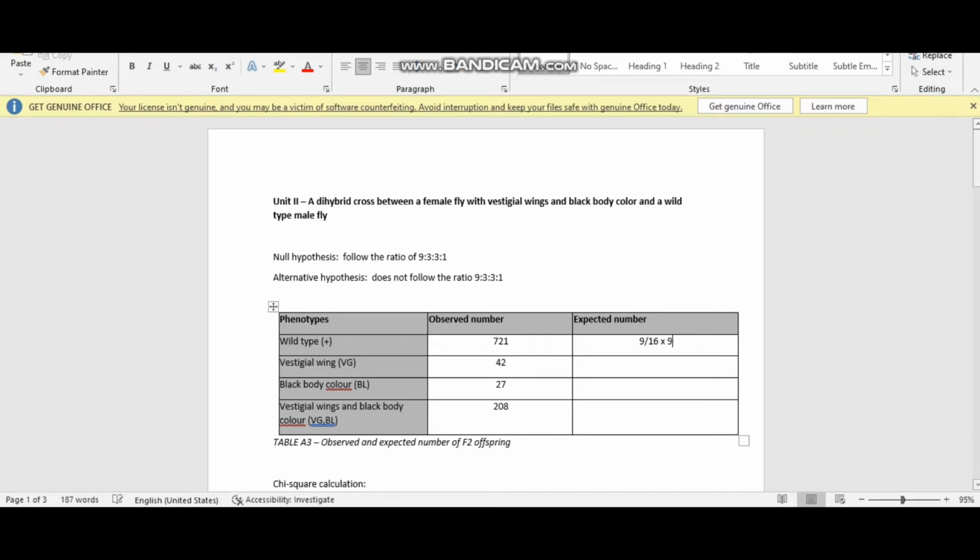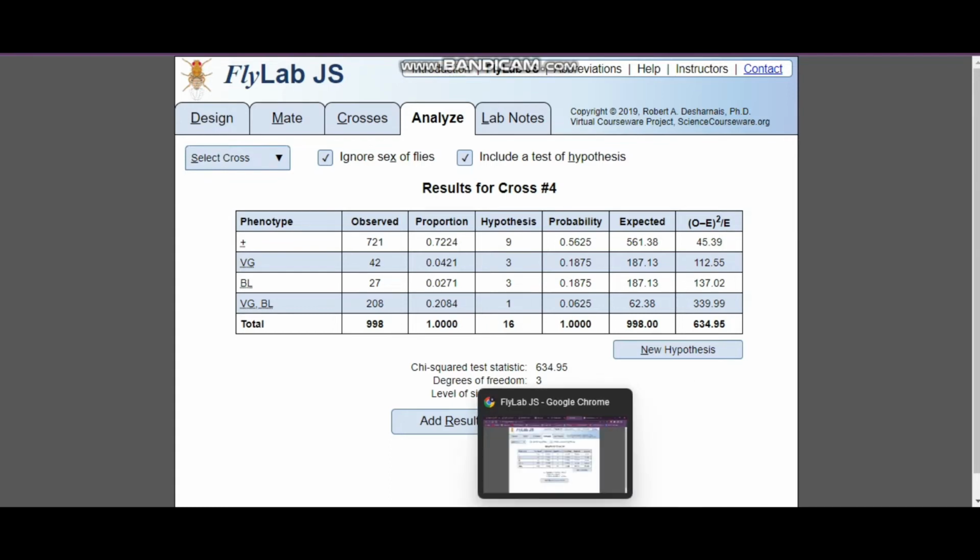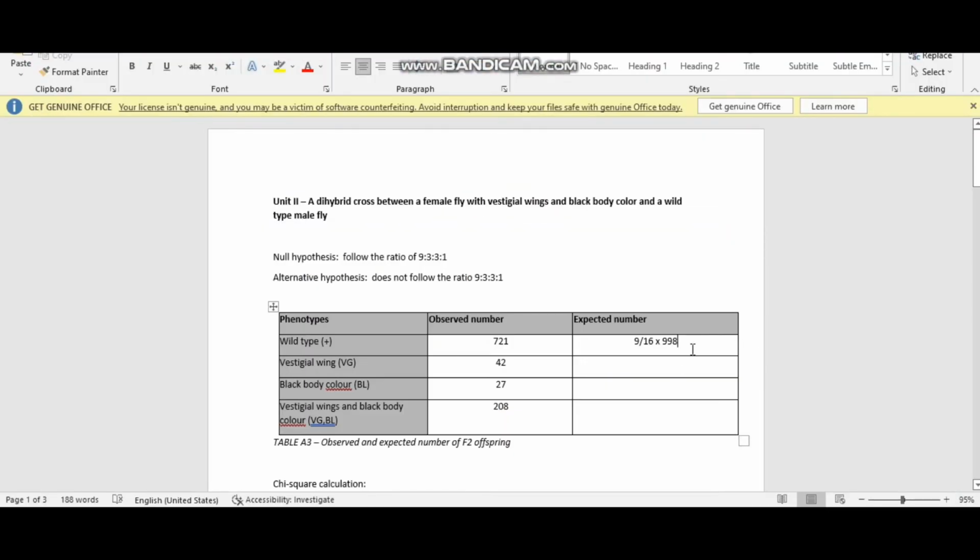So times 998. So the answer should be 561.3.